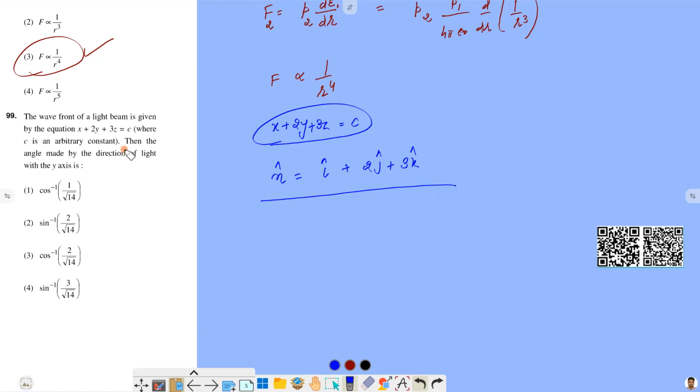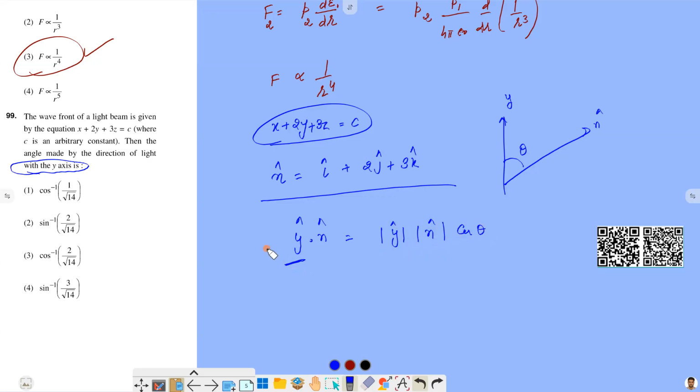This will be the direction of the normal vector. Now we have to find the angle with the y direction. So suppose this is our normal vector and this is our y-axis. We have to find this angle theta. How can we calculate it? We can use the dot product: y dot n will be equal to modulus of y, modulus of n, and cos theta.